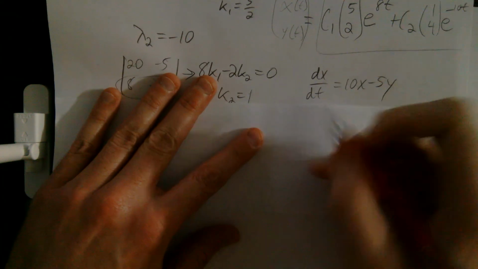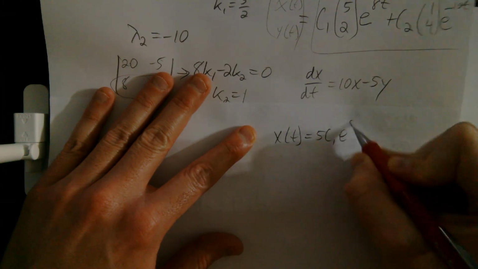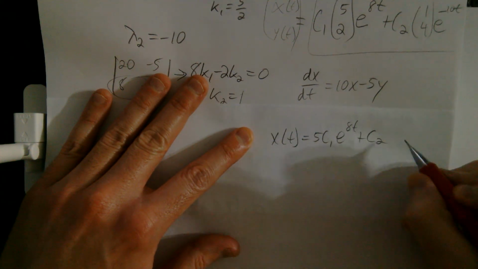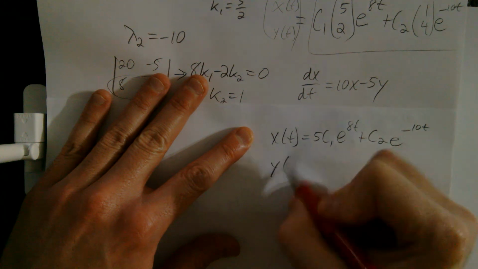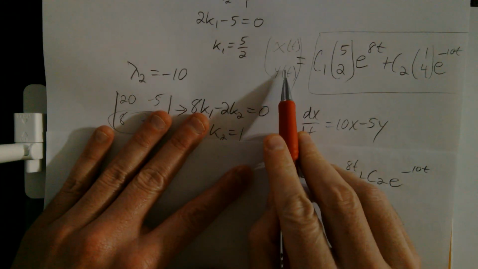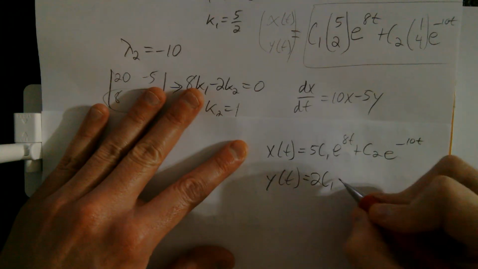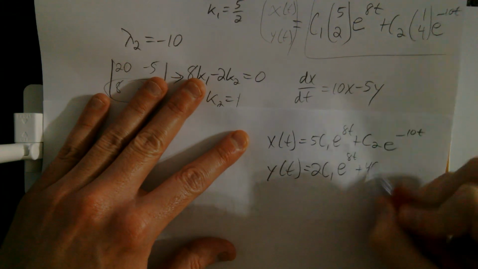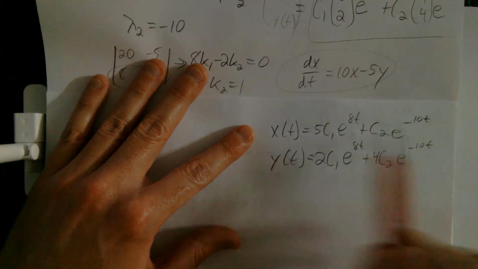So x of t equals 5c1 e to the 8t plus c2 times 1 e to the negative 10t, and y of t, according to our general solution, is 2c1 e to the 8t plus 4c2 e to the negative 10t. So these solutions should work.